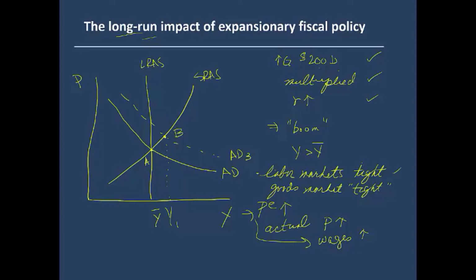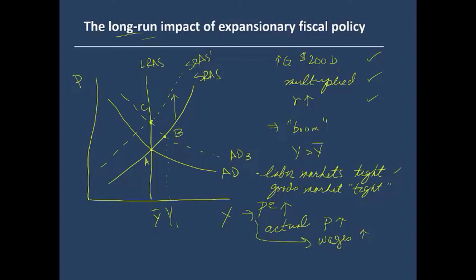They don't have much of an alternative. And as input costs go up, firms are only willing to produce more at higher prices, and the economy returns to potential output here at point C.